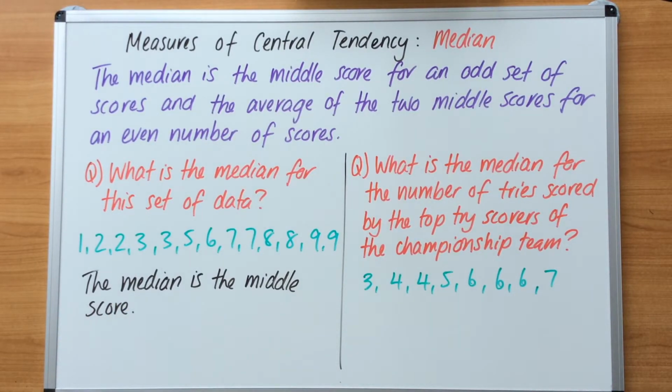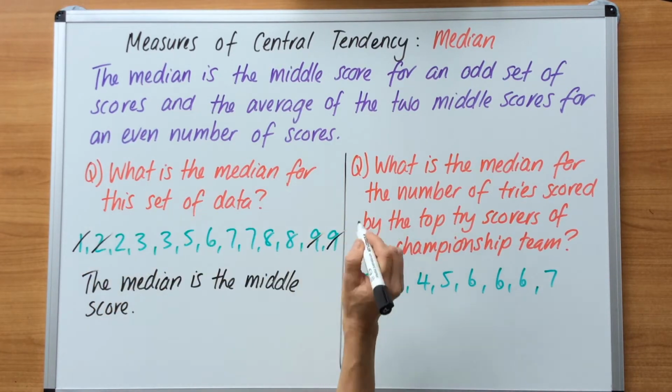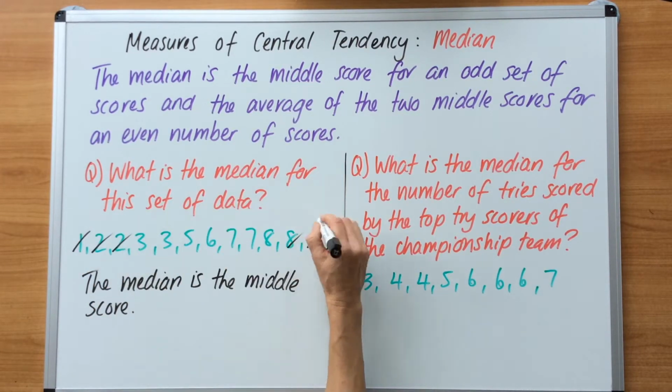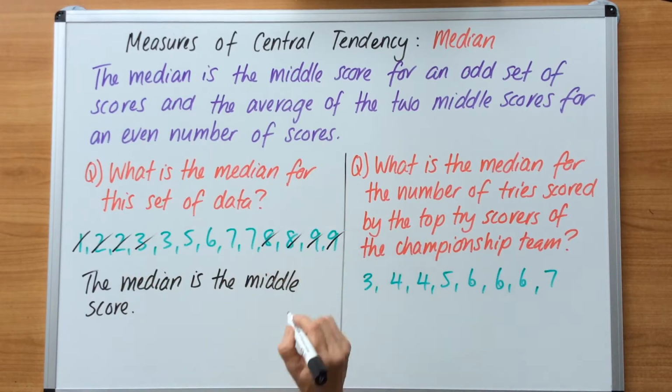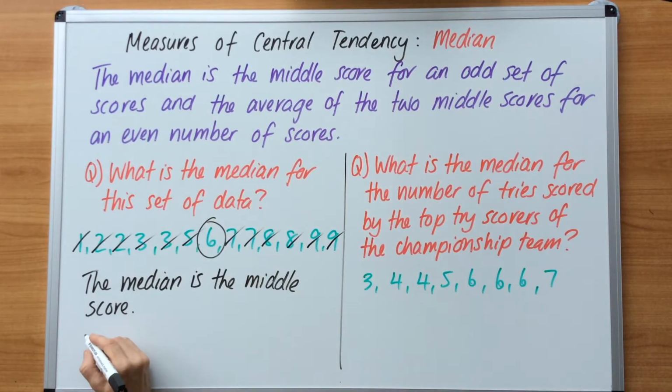And now I'm going to cross out or strike off at both ends to see if I can arrive at a middle number. So strike off 1, 2, 3, 4, 5, 6, and my middle number is 6. So the median equals 6, and that's it.